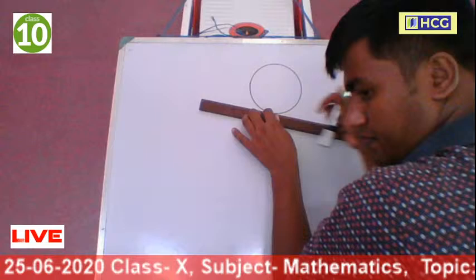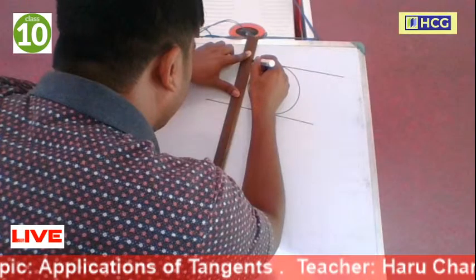So we draw two parallel lines that just touch the circle. Now this is the figure.